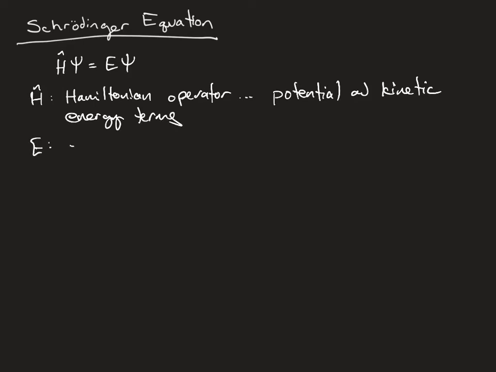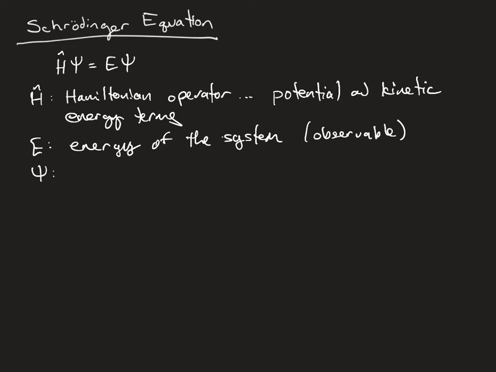E is the energy of the system for a given state, and this represents the only observable in the Schrodinger equation. So this is an important thing to understand, is that of all the different terms that you see in the Schrodinger equation, the only one that is actually experimentally observable is the energy.